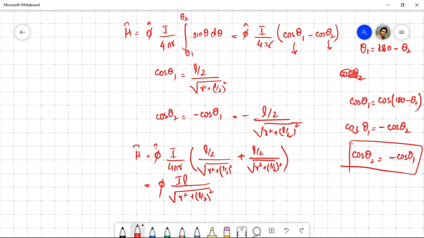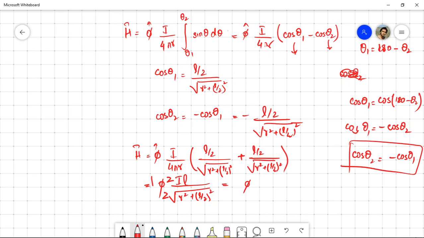It will be transformed into this, and if we want to exclude this L over 2's 2, what we'll do is multiply and divide by 2.